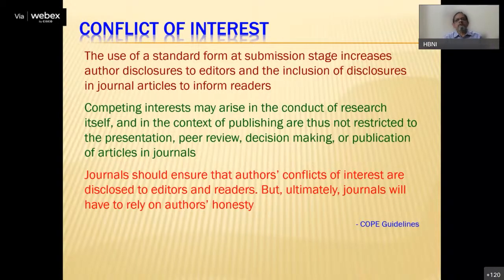But of course, in all these situations, ultimately, the journals will have to rely on the author's honesty. So if you decide to be honest, everything is well and good. But if right from the beginning you decide to be dishonest, then things are bound to become messy at a later point in time.